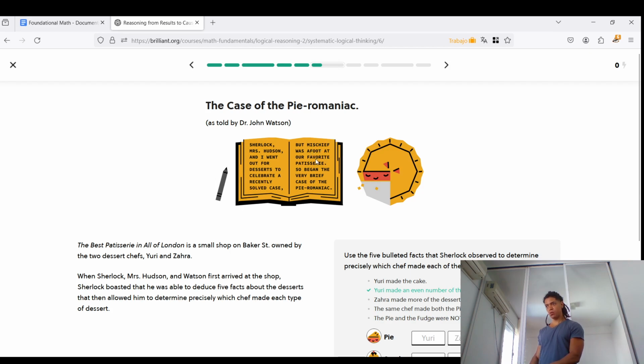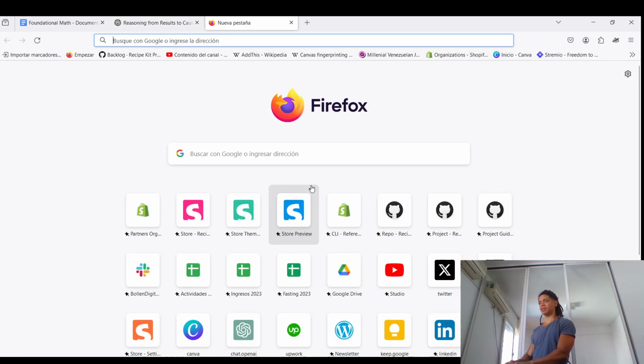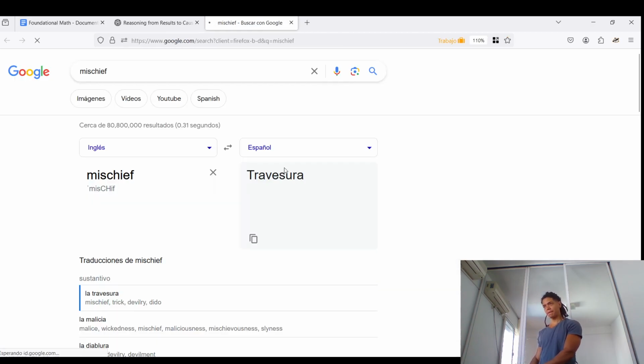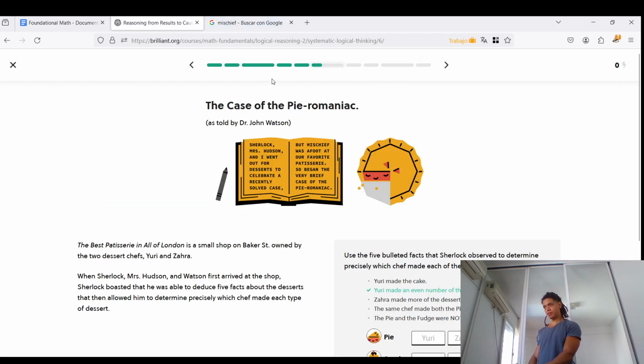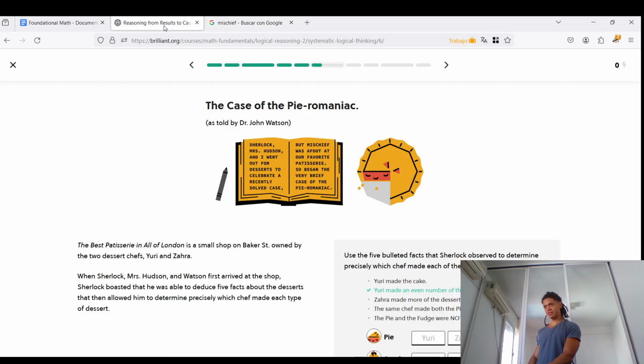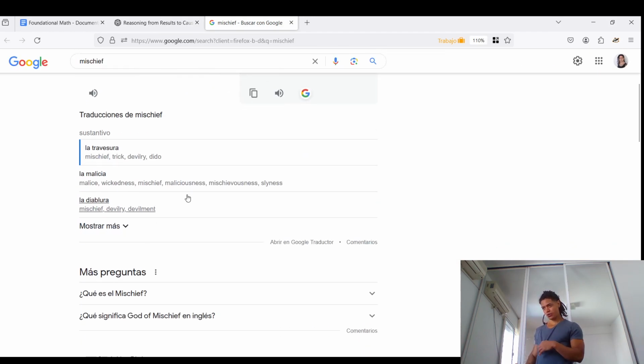But mischief was afoot. Oh, come on. How do you say that in Spanish? But a trick.